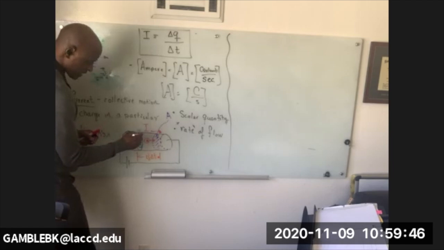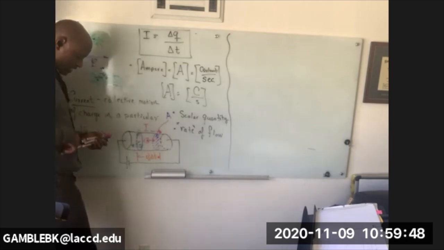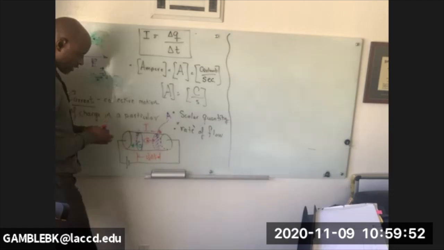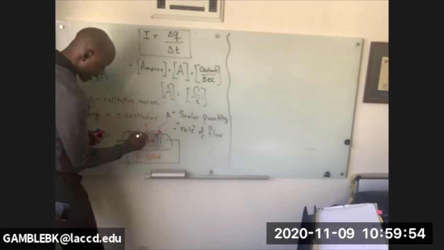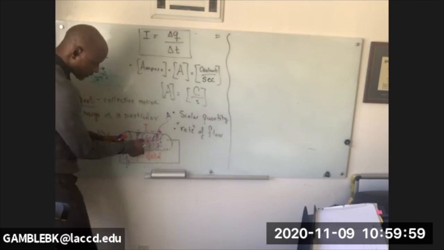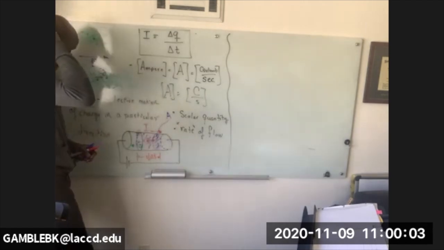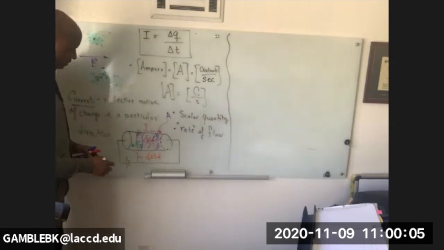Within this section of the wire, I'm looking at all the charges within that volume. And in the time delta t, all those free charges that were in that volume initially will pass through the cross-sectional area as it goes to the right. That's what I'm saying.